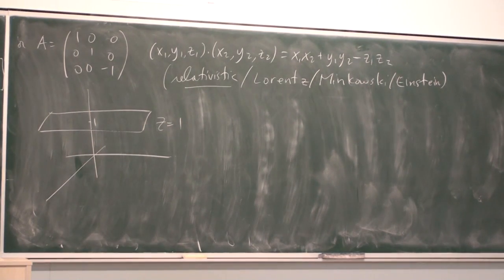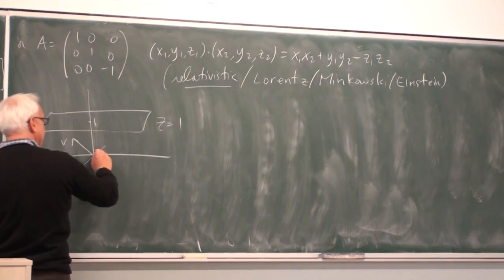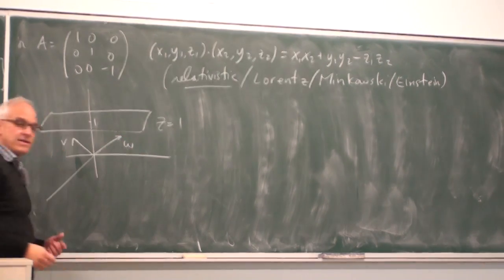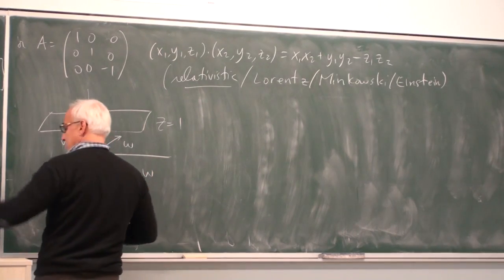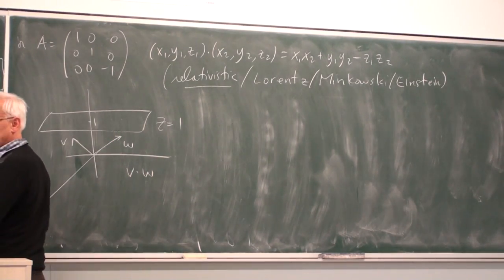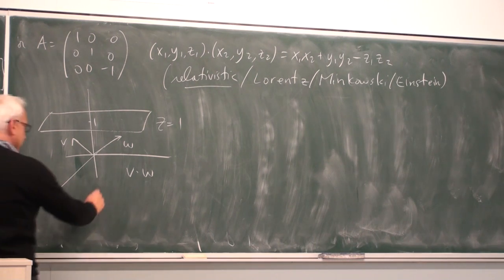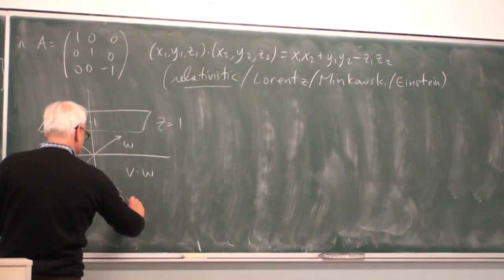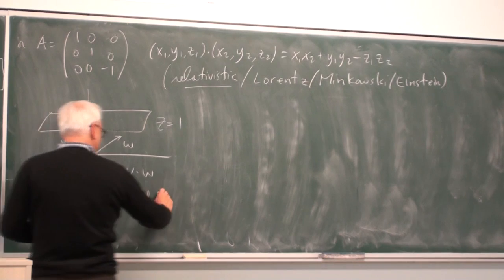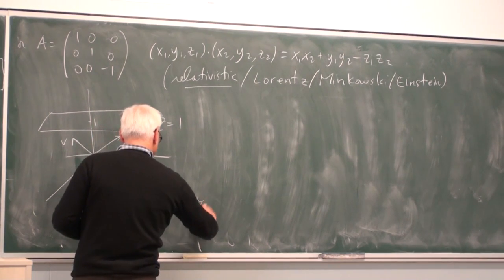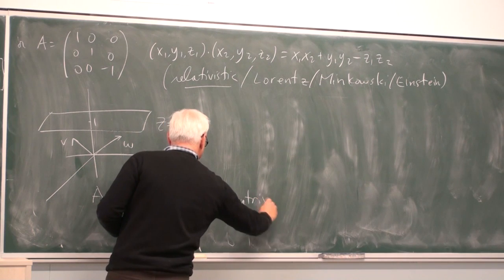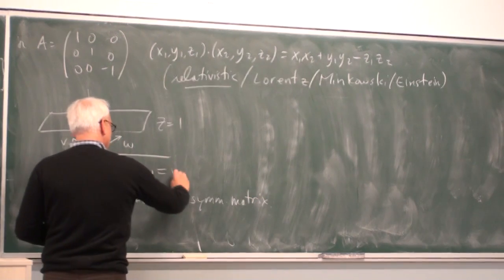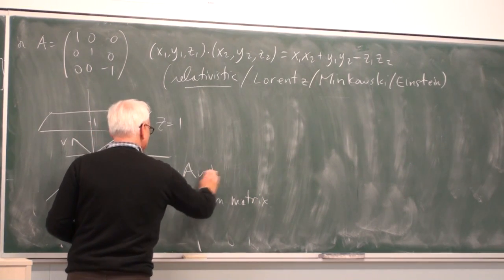We have this dot product, so given any two vectors, say v and w, in our space, we can form v dot w if we're given some fixed matrix A. So we assume A is fixed. It's a fixed 3 by 3 symmetric matrix. So v dot w is v A w transpose.